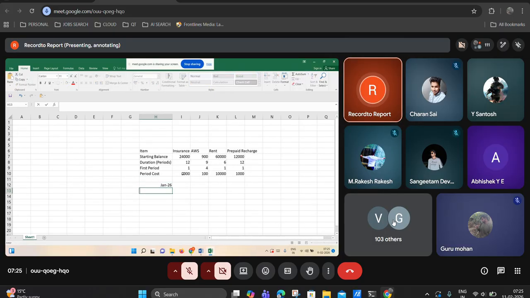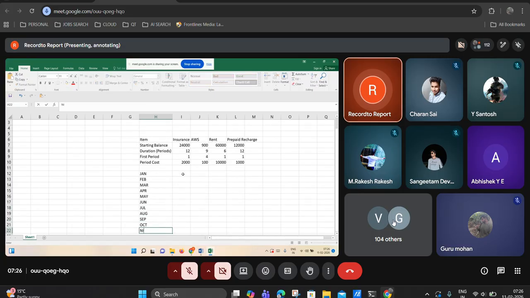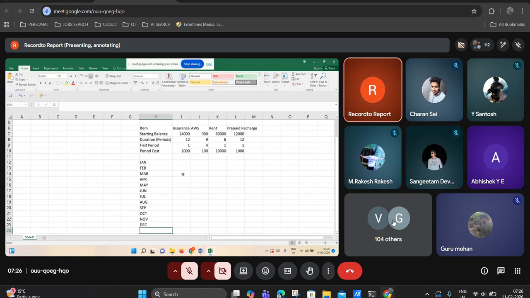Jan 26: Jan, Feb, March, April, May, June, July, August, September, October, November, December. So this is all. When is the starting period of insurance?